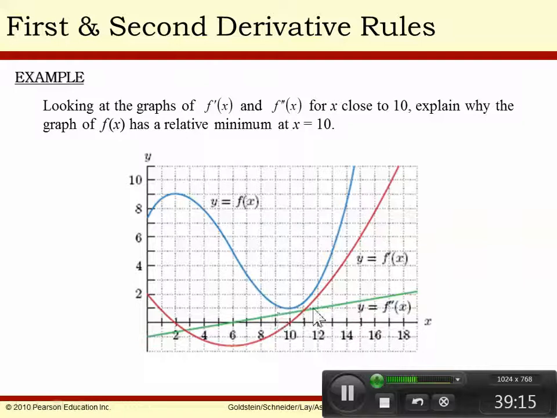So if the second derivative is positive and the first derivative is 0, we have a bowl-shaped up, it means we have a relative minimum. If the second derivative is negative, bowl-shaped down, and the first derivative is 0, we're at a flat point, at the top of the hill, and that's a relative maximum.